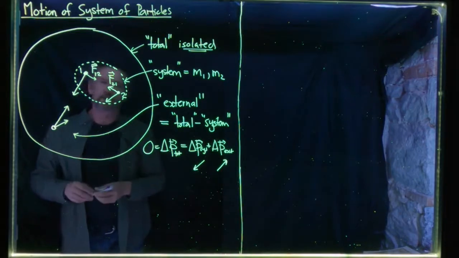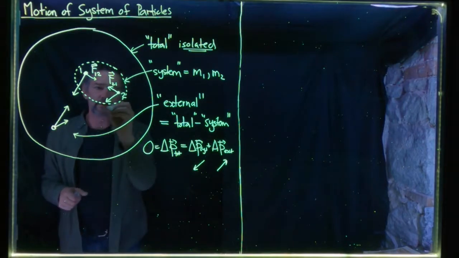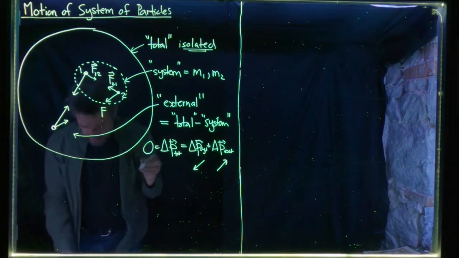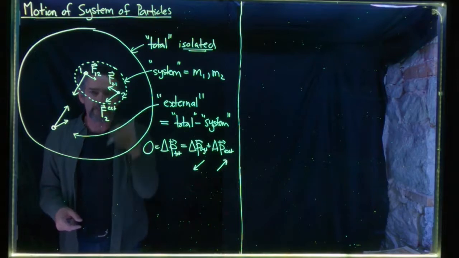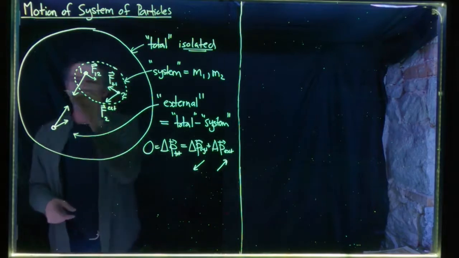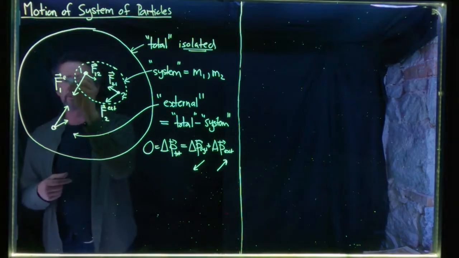But then there are external forces. This is the force acting on number 2 due to particles external to the system. And this is the force acting on particle number 1 due to objects external to the system.